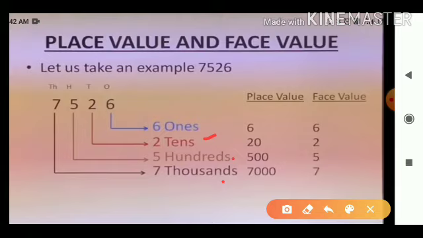Whereas the face value of 6 is 6, 2 is 2, 5 is 5, 7 is 7. Like a mirror, it is the same digit.